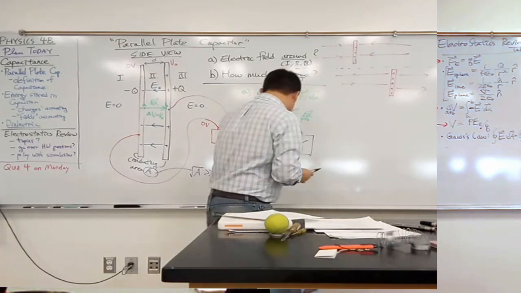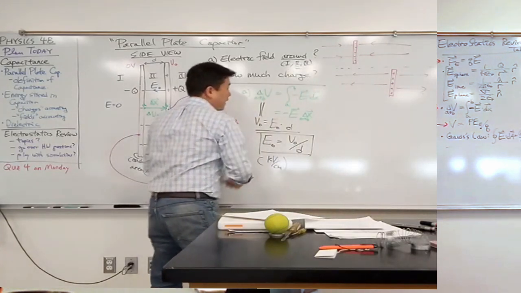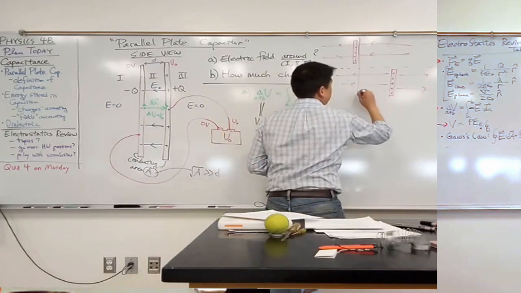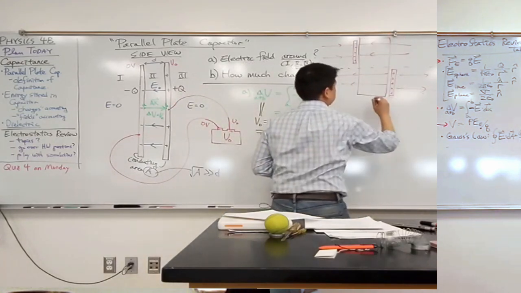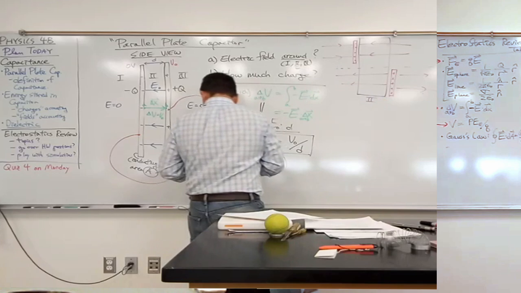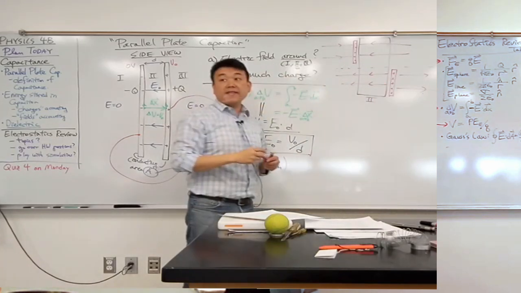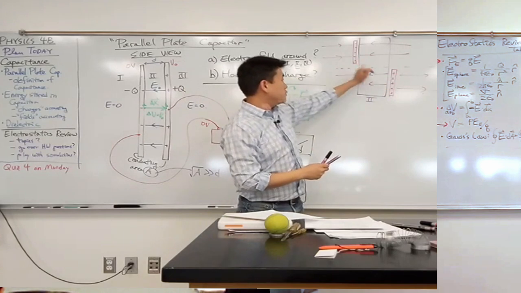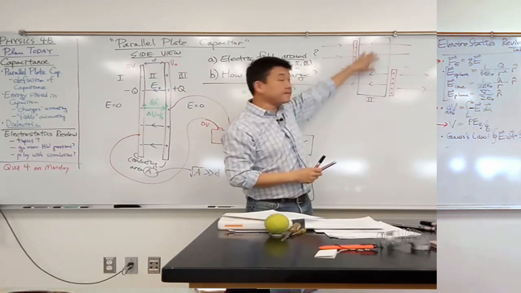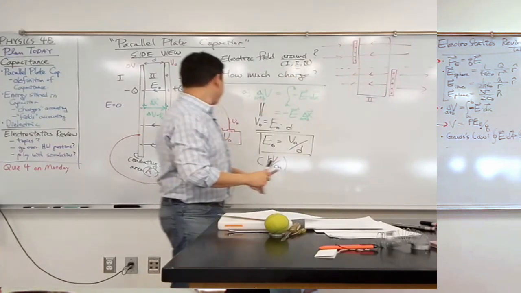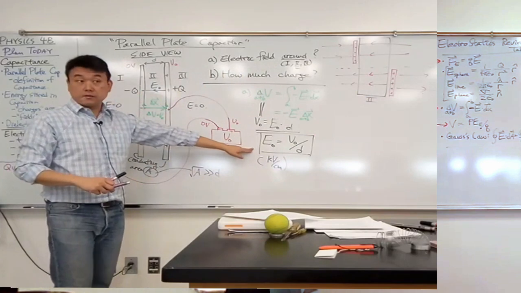So you can see that in the region that we are labeling as region 2, this region here, the contribution to the net electric field from each one of these charge distributions, they add. So that you get this non-zero electric field.